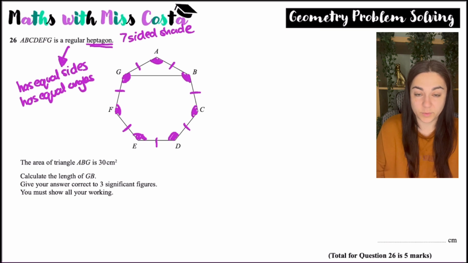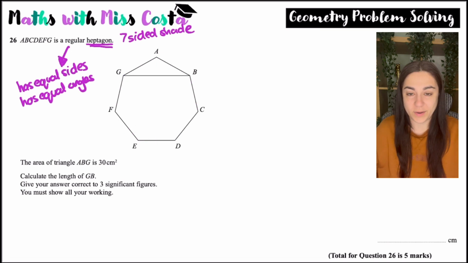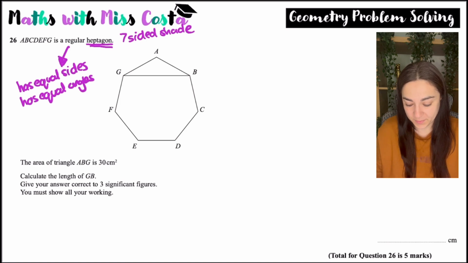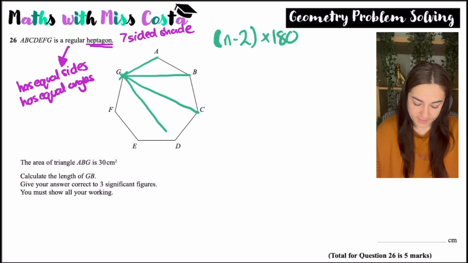Now, using the rules of polygons, so you might have done this before when looking at any sized polygon, to work out the sum of the interior angles, you use the rule n take 2 times by 180. And what this means is, let's say you start from any vertex, you join it up to the next vertex, and then the next one, and the next one. That one's a bit wonky.